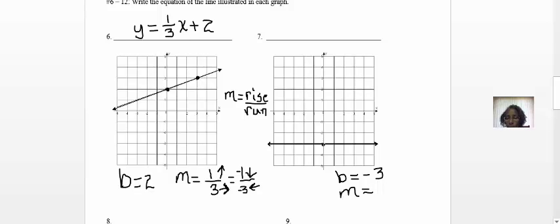I don't move up or down if I'm at one point of this line to get to another. So the rise is 0. And the run, it could be any value, any number. To get from one point to another, I move any number of units.